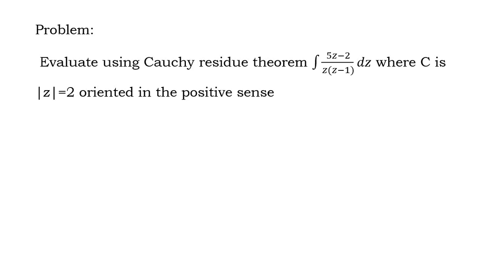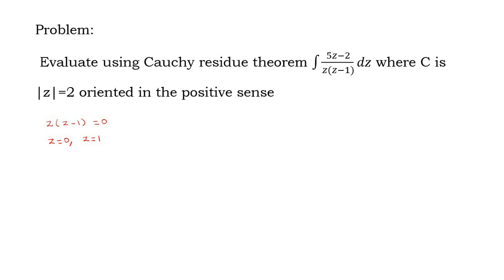So that is f of z equal to 5z minus 2 divided by z into (z minus 1). So now first we find the singularity, the isolated singular points. So z into (z minus 1) equal to 0, which implies z equal to 0 and z equal to 1.